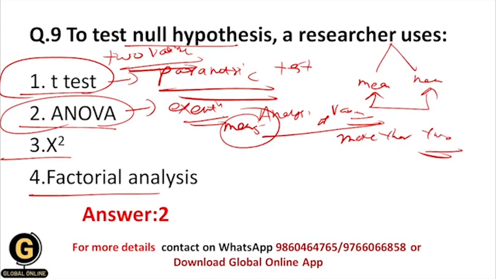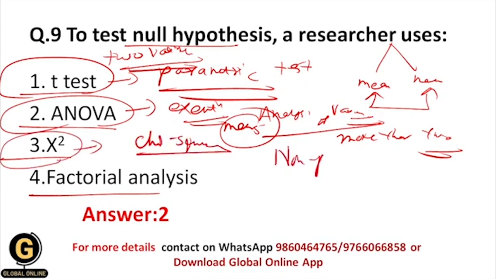Okay, what is X-square? X-square is the chi-square test. Chi-square test is a non-parametric test, and it is done to understand the difference between the expected values and the values that we get through our results basically.